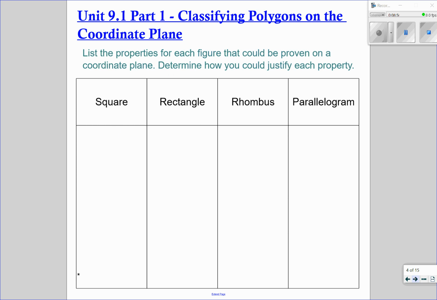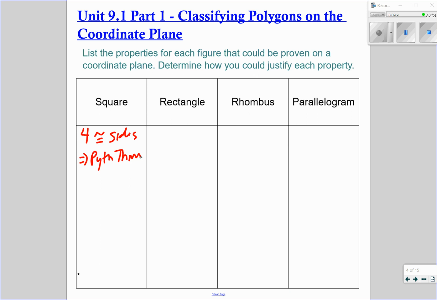As we go forward to different shapes that we could also put on the coordinate plane, let's talk about the properties of quadrilaterals or 4-sided figures. So for a square, your square is like the most loaded shape that you're going to have on the coordinate plane. You would have to show 4 congruent sides using Pythagorean theorem.